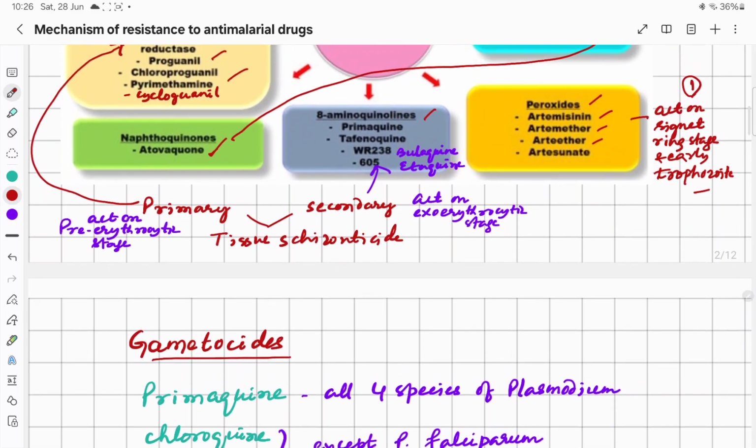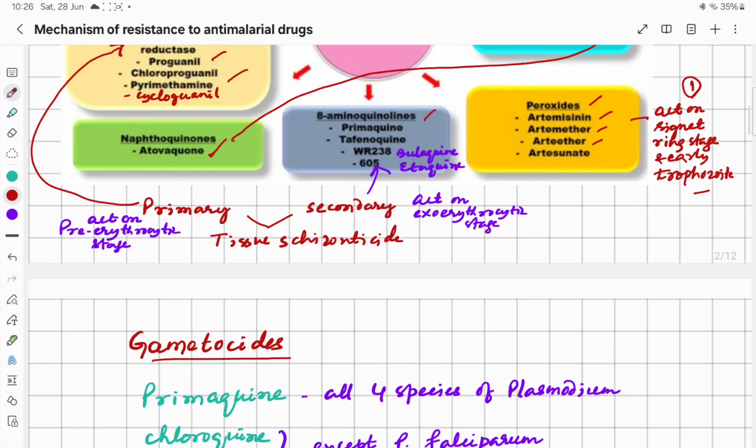So the third group of drugs, that is the tissue schizonticides, they mainly act on the hypnozoites, and they include 8 aminoquinolines like primaquine, tafenoquine, bulaquine, etaquine, and they act on the exoerythrocytic stage.